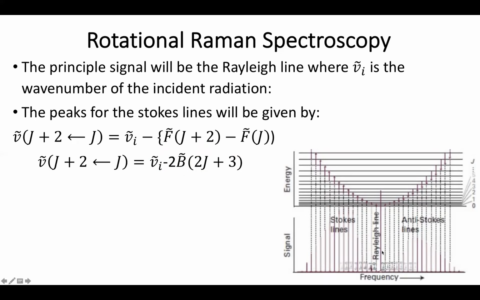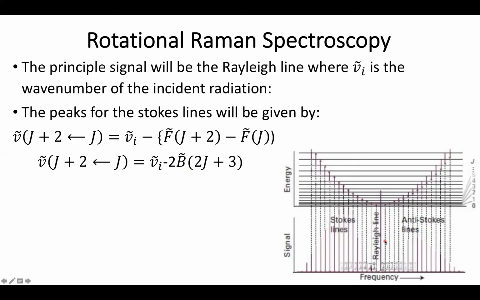So what we'll see is peaks for low initial J values near the Rayleigh line, and as we get further and further away, we will have higher and higher J states. And this difference will be related by this factor, the 2J plus 3, but it's also going to be largely driven by the rotational constant, which tells me a lot about the moment of inertia of the molecule, which, as you've seen in lab, can be used to backtrack things like bond lengths.